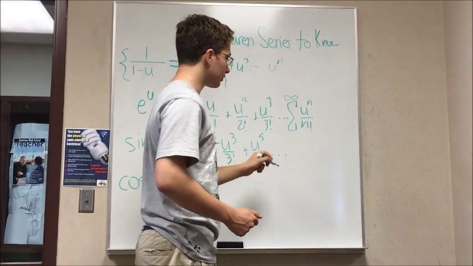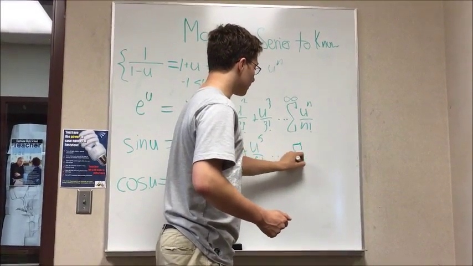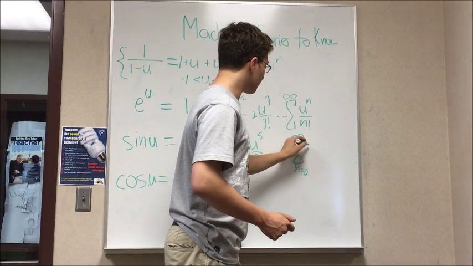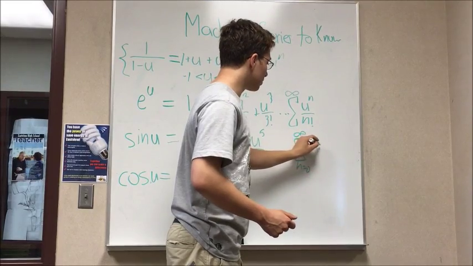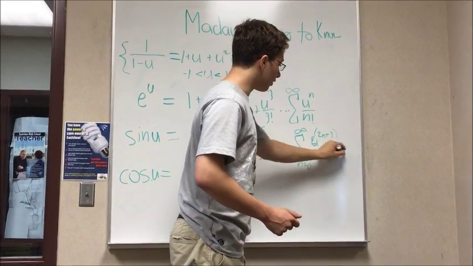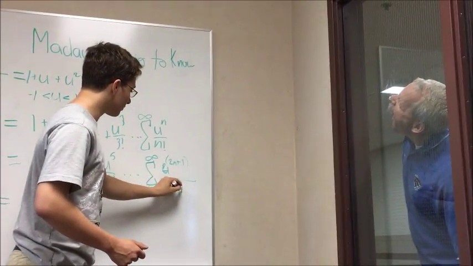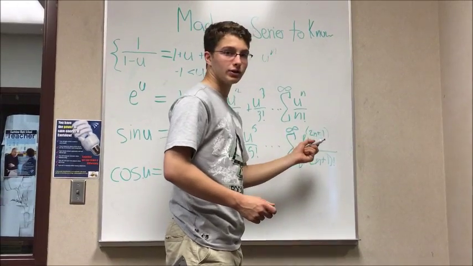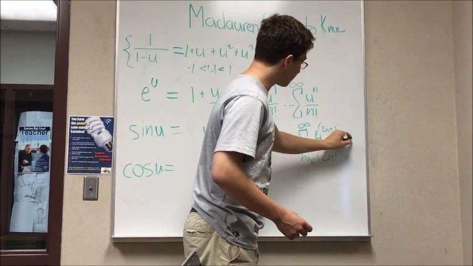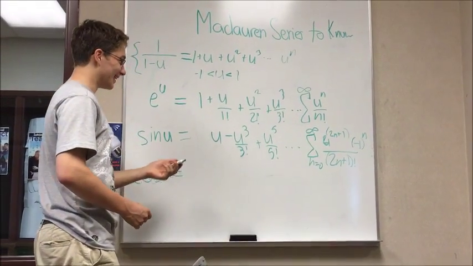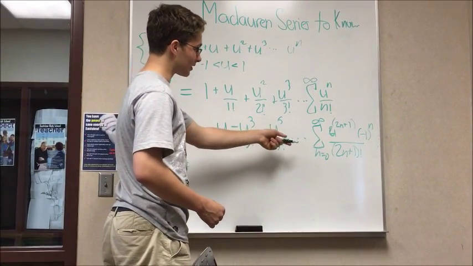Going on and on until we get the general term of sigma n equals 0 to infinity of u to the 2n plus 1, all over 2n plus 1 factorial. Then we need to add an alternator, which is simply negative 1 to the n. The other option is negative 1 to the n plus 1, and that's right now, since we're going n equals 0.